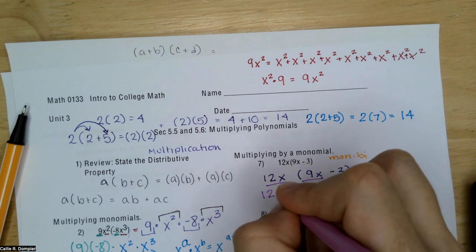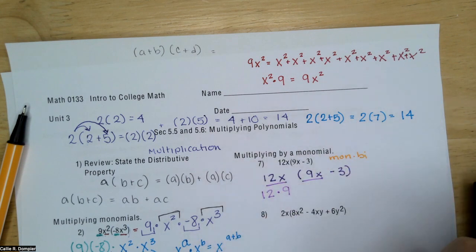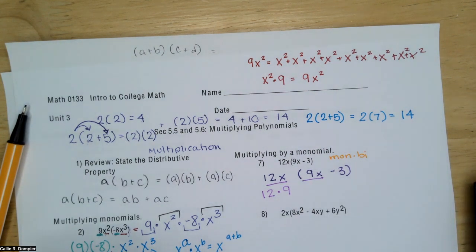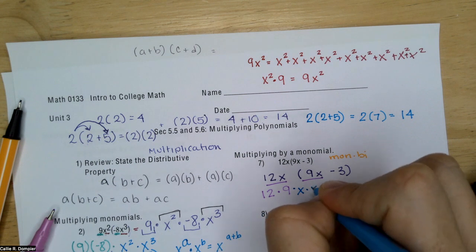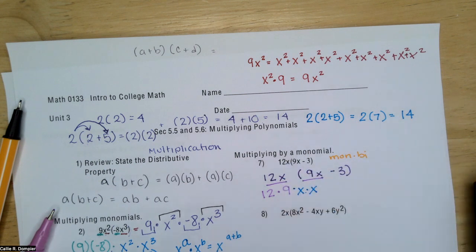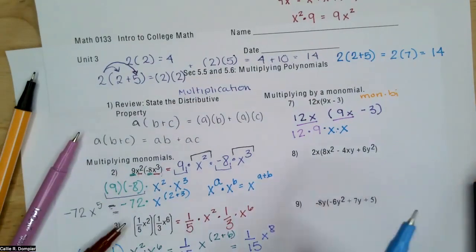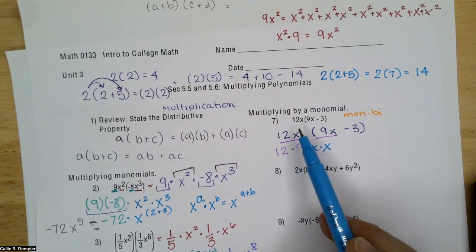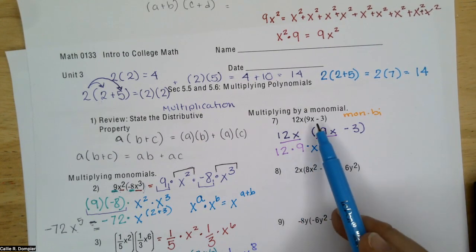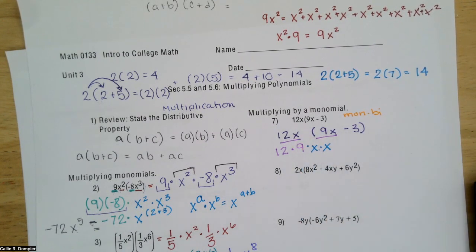Well, I mean, no, I might be rushing. 12 times 9. Very important, there's also x times x. That x and that x, okay? 12 times 9 times x, just like we were doing over here, right? 9 times 8 times x squared times x to the 3rd. 12 times x times 9 times x, okay?